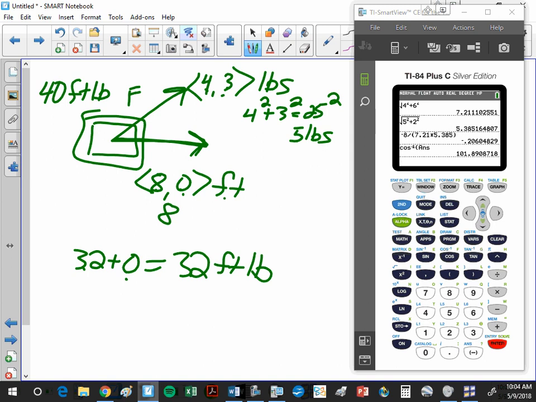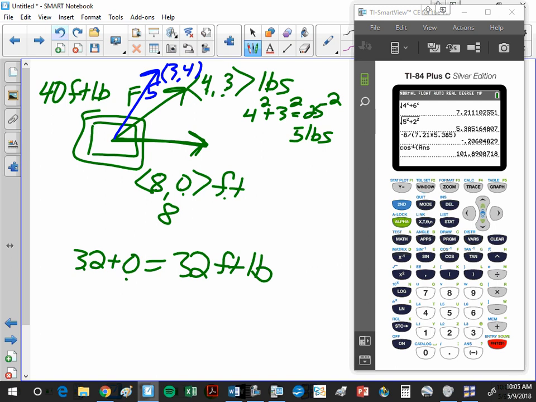So how could I make this more efficient? Change the angle. So I'm going to take a magnitude 5. Let's actually do it less. Let's do 3 comma 4. That's going to make it less efficient, right?